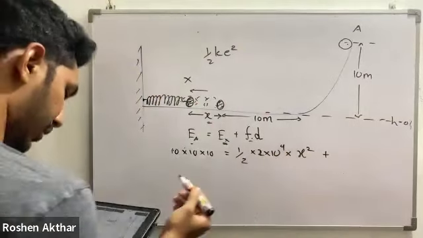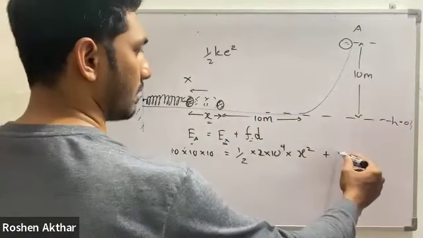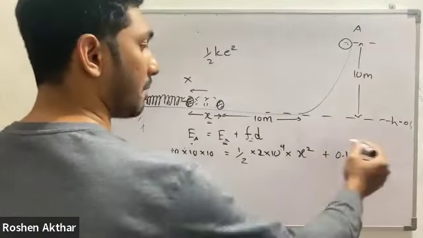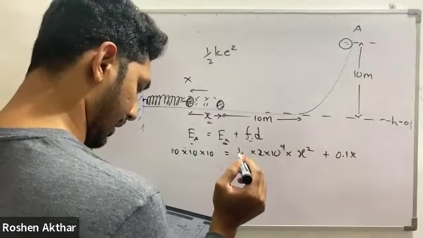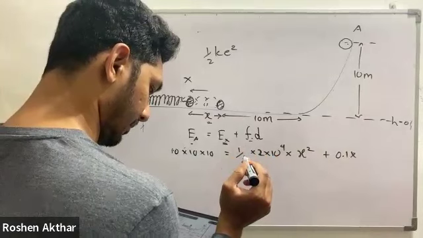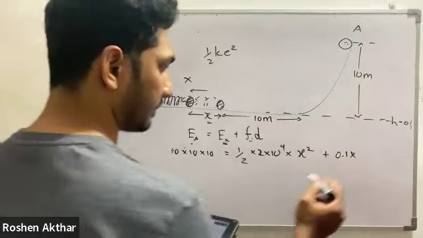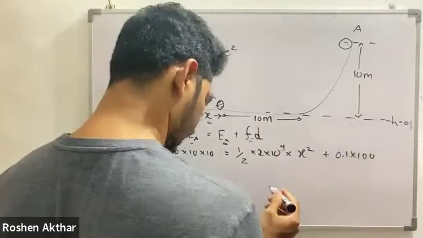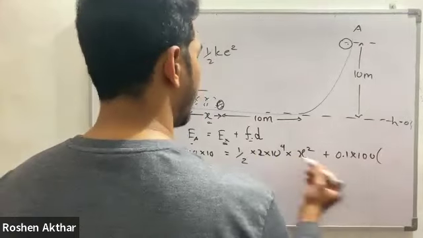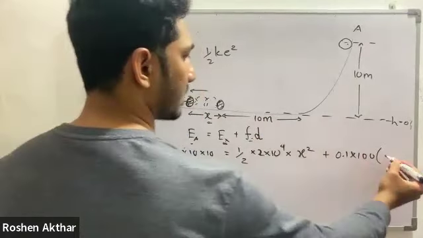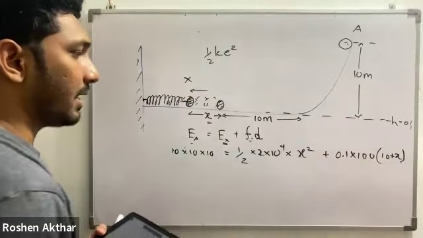Plus F into d, F will be mu R. So coefficient of friction 0.1 multiplied by R, which is 100, since the mass is 10 kg. So it will be mu mg multiplied by the total distance moved, 10 plus x.